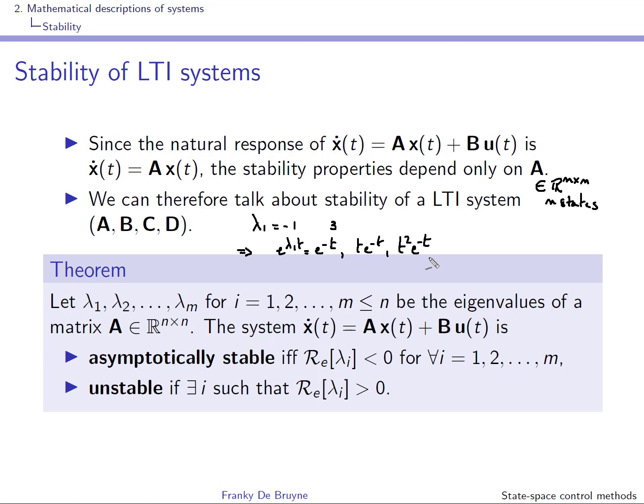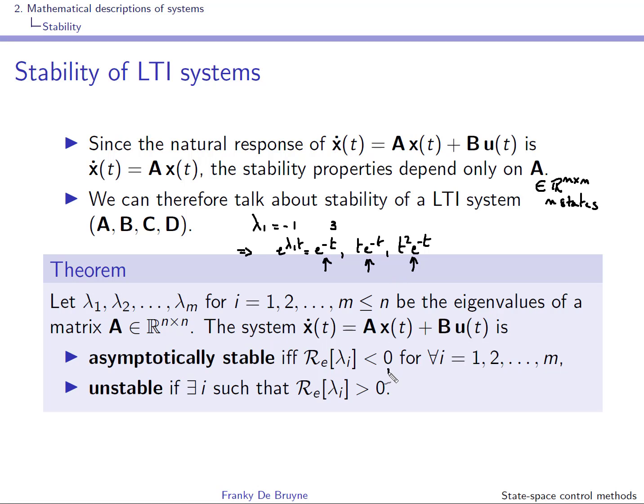But you'll also have the mode t e to the minus t and the mode t square e to the minus t. But what is really important is that the real part of the eigenvalue is negative, which is the case here, because all modes will be decaying, because the exponential will win over these polynomial functions of time.